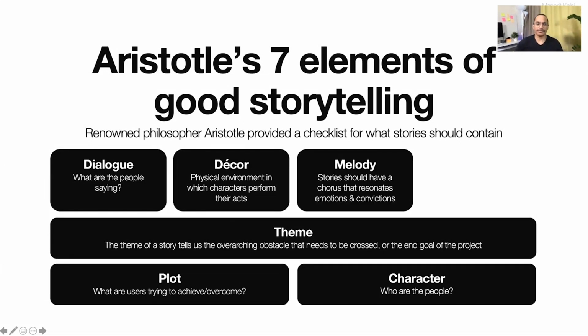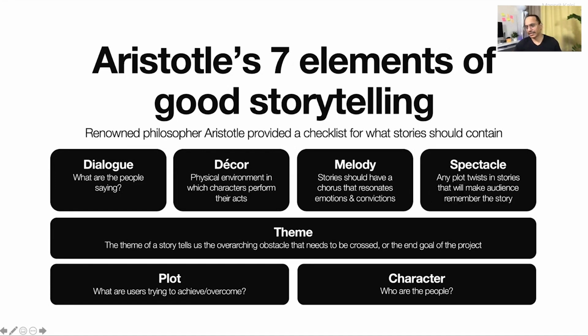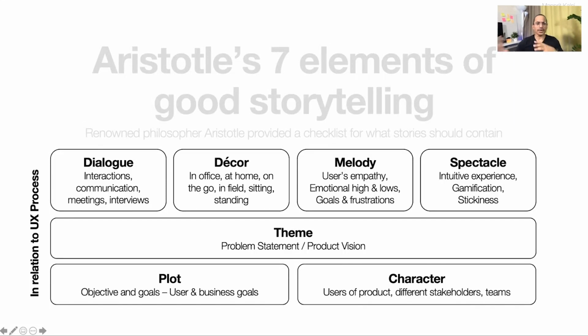And then it's all about the melody, adding the emotions and so on. And last but not the least is basically the spectacle. So any plot twist in the story that will make the audience remember the story. So that is what the 7 elements of good storytelling are.